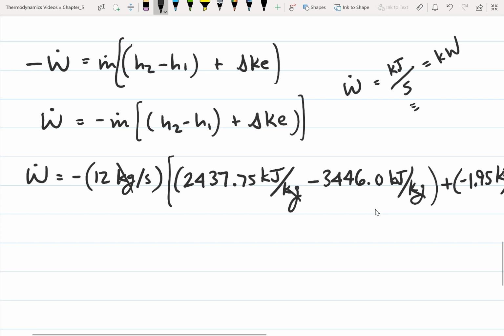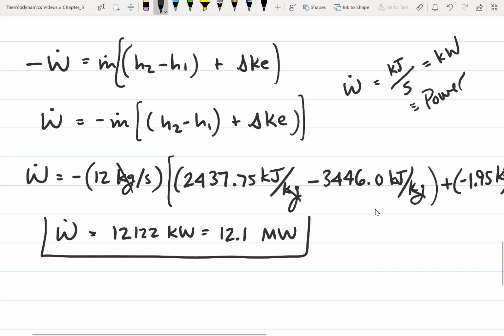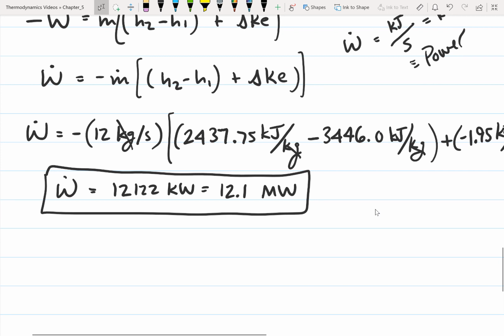So this is a unit of power. But basically, we want kilojoules per second, so that means that our units look correct. So this is going to work out to, the work is equal to 12,122 kilowatts, and then we can convert that into 12.1 megawatt. And the work is positive because the work is being done by the system.